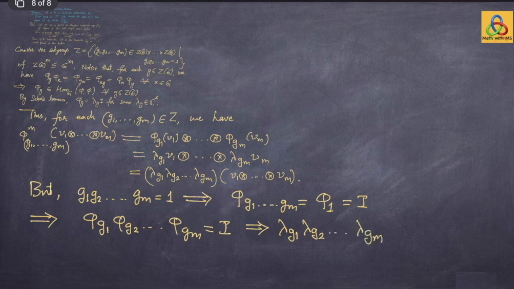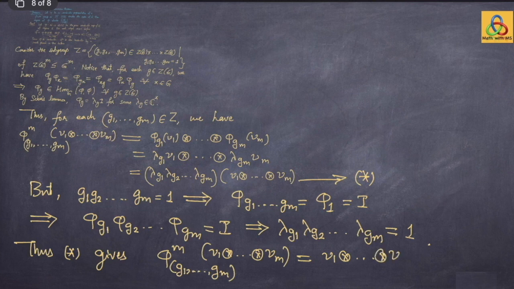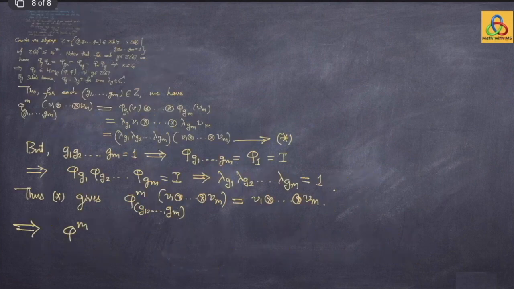Therefore we must have lambda g1 lambda g2 so on lambda gm equals 1. So if I mark this equation as star, star gives that phi superscript m at this group element (g1, ..., gm) acting on the vector v1 tensor vm is just the same as v1 tensor vm. That is, the representation phi superscript m, when I restrict to Z, acts trivially.